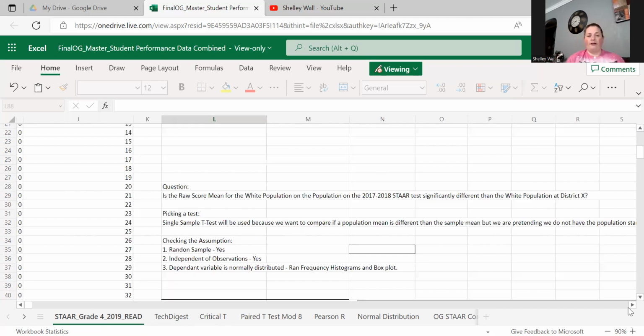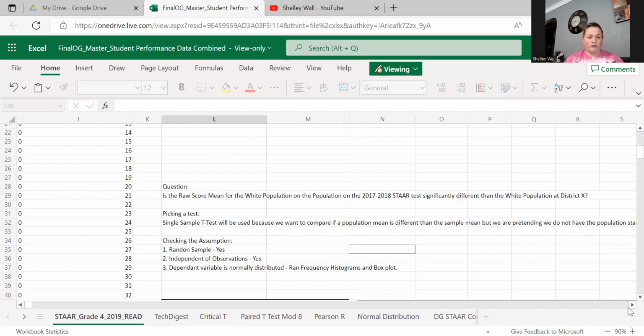So again, I'm comparing this district as opposed to the state of Texas. All fourth graders, all white students, all reading test, all 2018 testing year. So in order to figure out if there's a statistical significant difference, I have to pick a test.